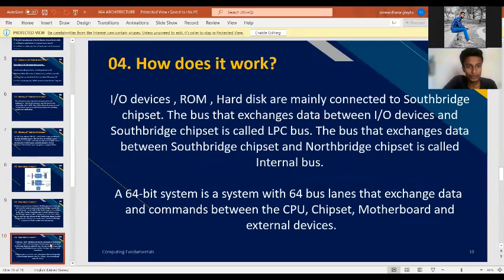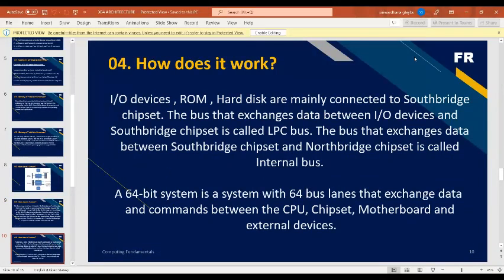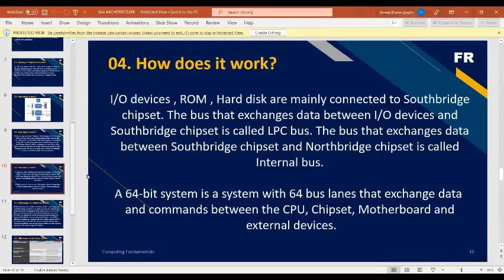Input and output devices are mainly connected to the South Bridge chipset. The South Bridge chipset isn't connected directly with the processor. Data and commands are exchanged between the South Bridge chipset and the North Bridge chipset. After that, data is exchanged between the North Bridge chipset and the processor.